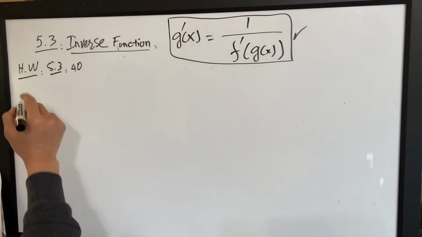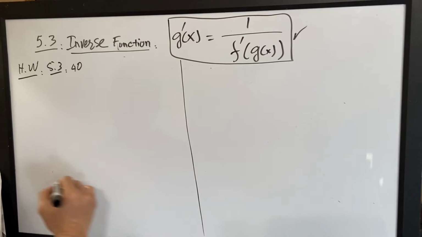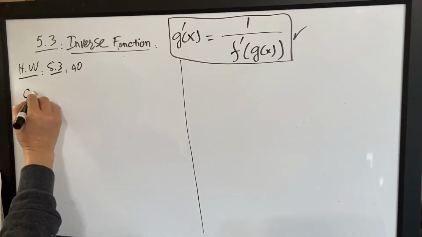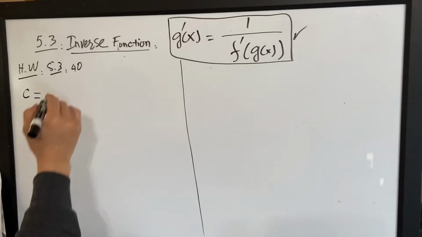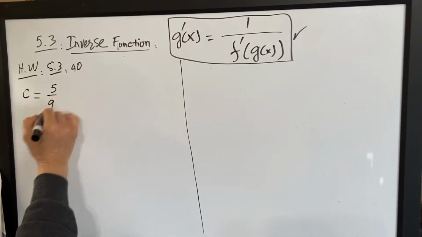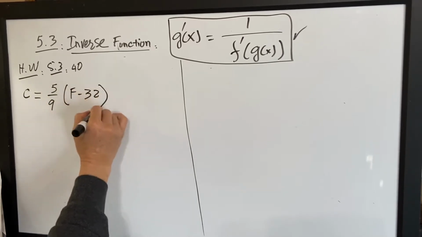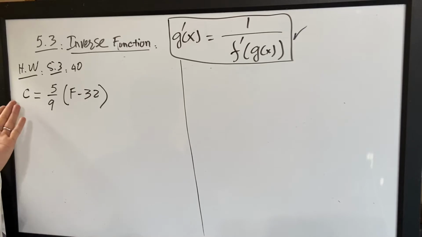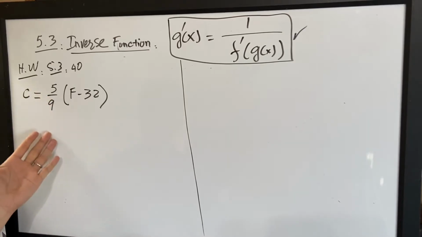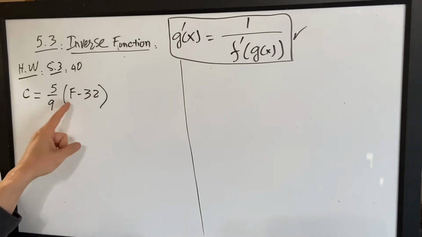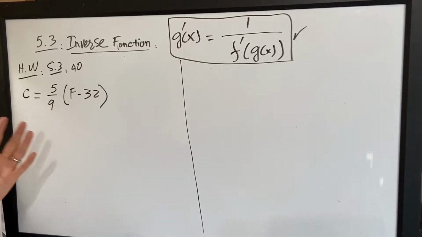You have a very famous, popular formula, where Celsius is expressed in terms of the Fahrenheit degree: C equals 5/9 times F minus 32. In this function, you can imagine this is y equals 5/9 times x minus 32. C is the Celsius degree, and F here is the Fahrenheit degree.